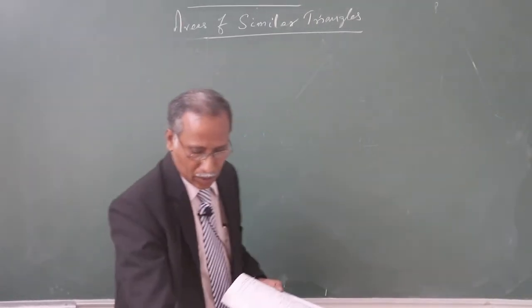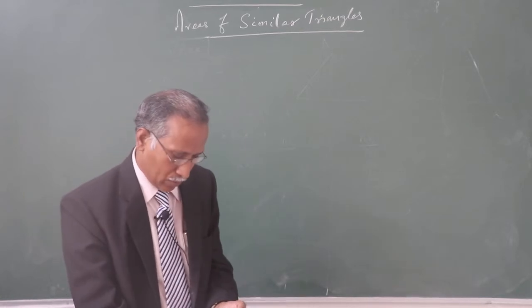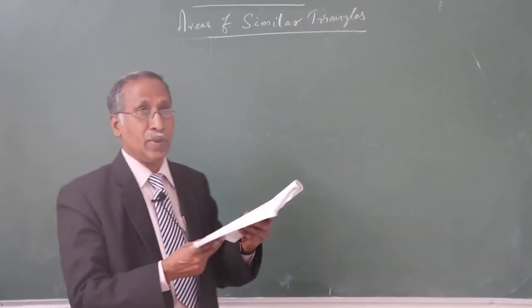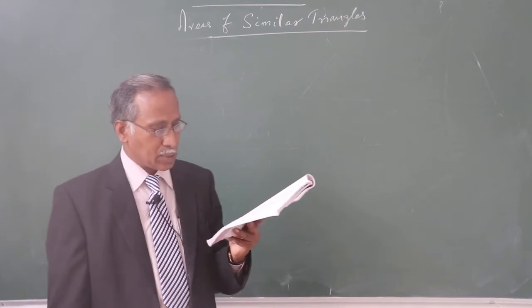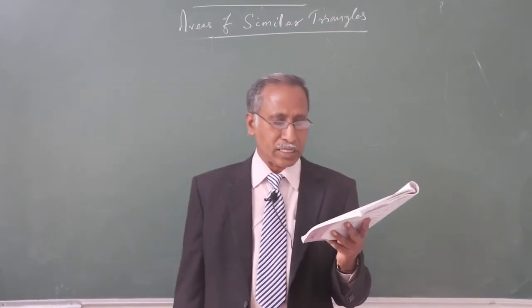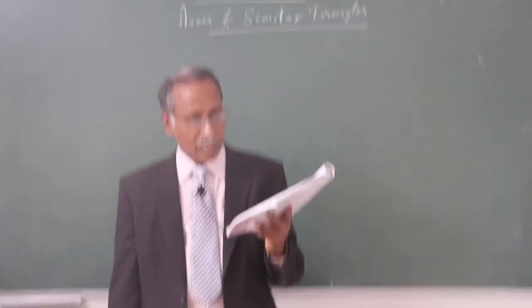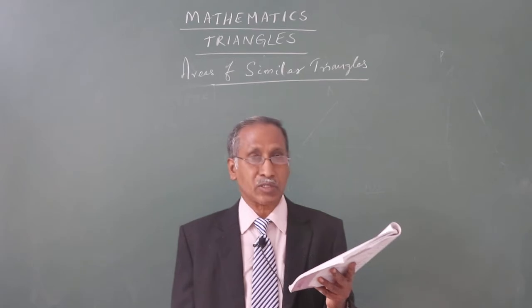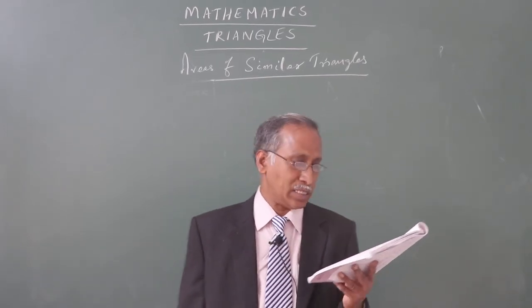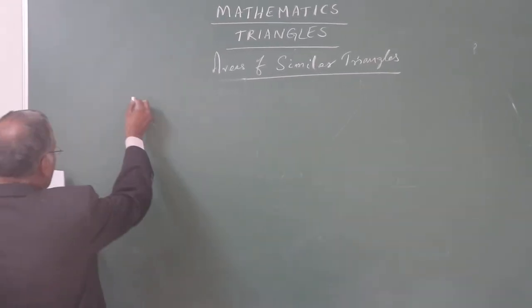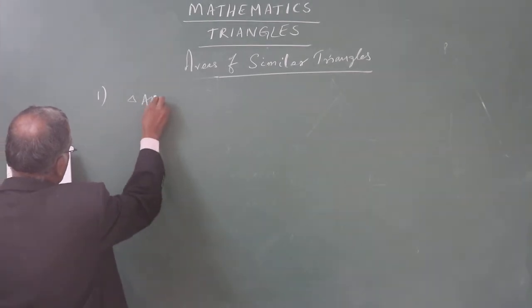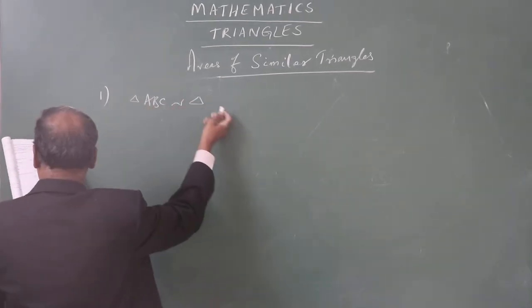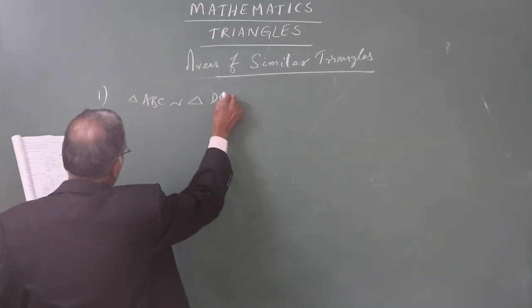Now, the first sum, how we have to do it. If triangle ABC is similar to triangle DEF and their areas are respectively 64 square centimeters and 121 square centimeters, and EF equals 15.4 centimeters, find BC. They have given that triangle ABC is similar to triangle DEF.